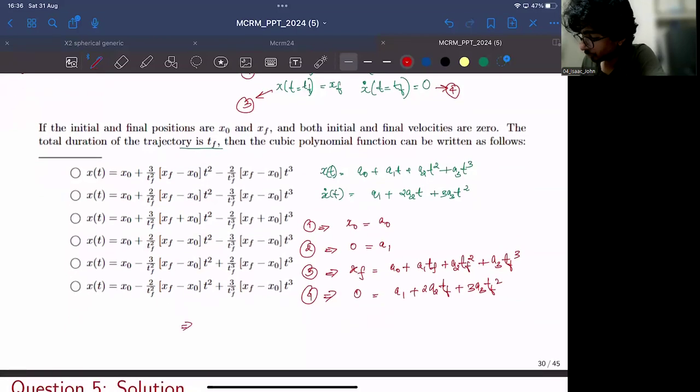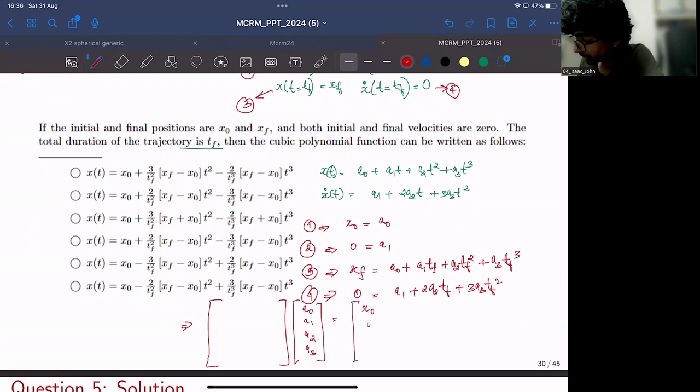So if I apply all these 4 conditions, arrange it in matrix and vector form, I'll have the coefficients a0, a1, a2, a3. On the right hand side, you will have x0, 0, xf, 0. So it'll be like 1, 0, 0, 0, 0, 1, 0, 0.